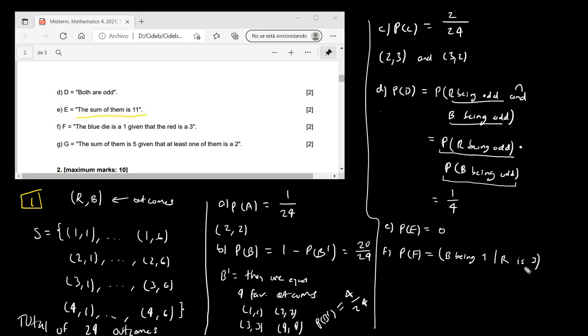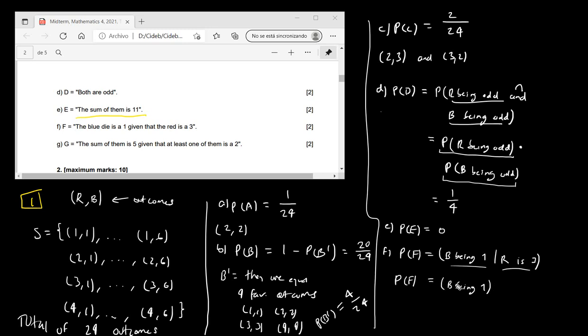is 3. Well, this is a conditional probability, but you have to understand that whether the red die is a 3 or not makes no difference. It has no impact on the blue being 1. In other words, these two events are independent. And for independent events, the conditional probability basically just goes down to the probability of the first event.